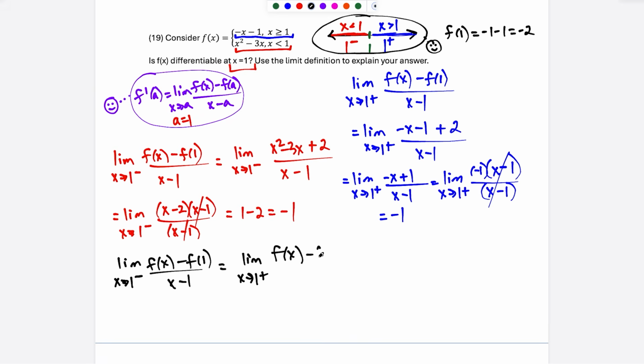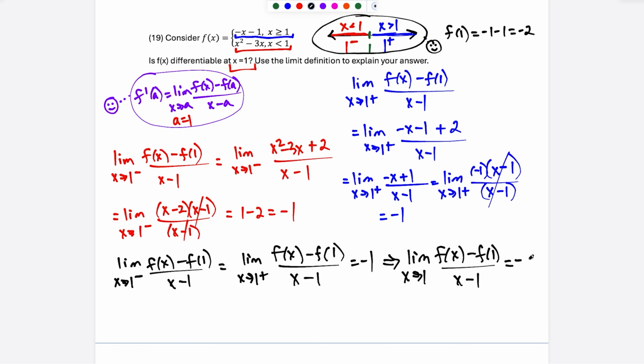They were both equal to negative 1. So this tells us that the limit as x approaches 1 in general of f of x minus f of 1 over x minus 1 is equal to negative 1.